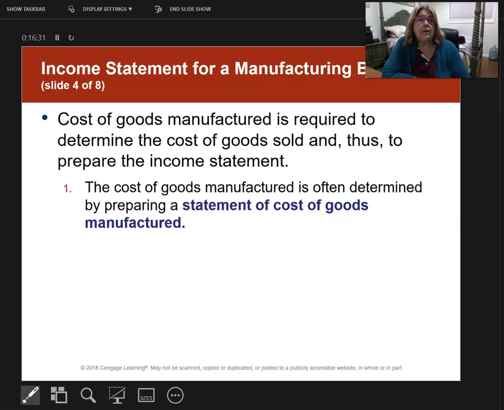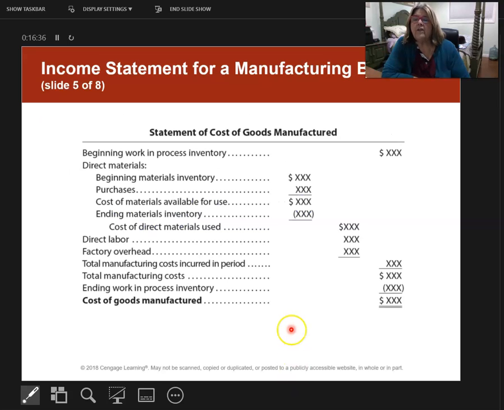I'm going to show it to you, and you're actually going to have to do this as homework. So here's what it looks like. I start with my different inventories. I start with my beginning WIP, my work in process. This is how much is in my WIP account. Here's all the direct materials. What happens in real life is I start with raw materials, then I have WIP, and then I have finished goods.